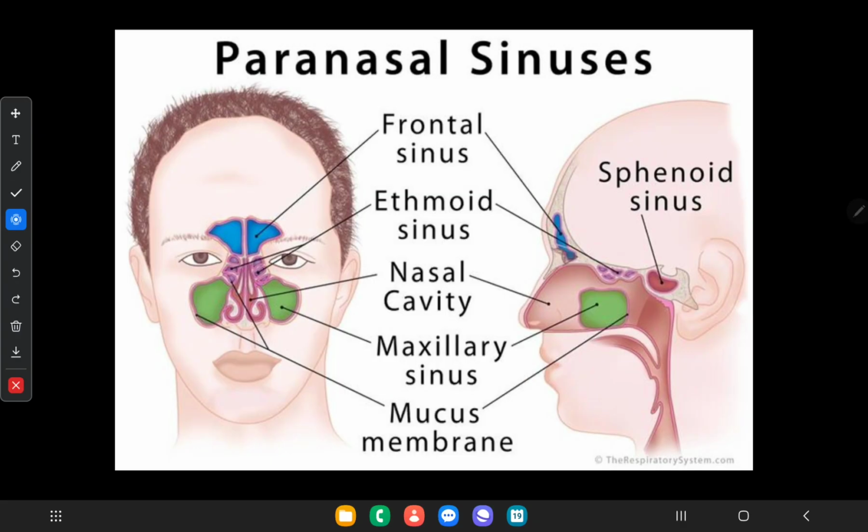Next, I will discuss the sphenoidal air sinuses. These sinuses occupy the body of the sphenoid bone. Here in this picture you cannot see the sphenoidal air sinuses; only the lateral view shows the sphenoid sinus. You can see it is situated in the body of the sphenoid bone.